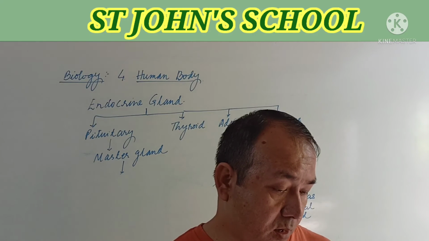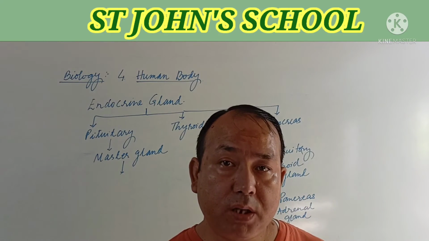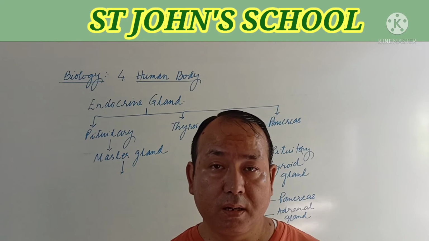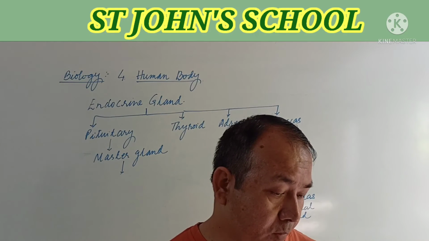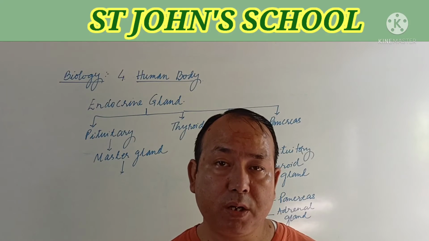Then after that comes prolactin, which stimulates the production of milk by the mammary gland, in females particularly. Oxytocin is another hormone which is released by this pituitary gland.